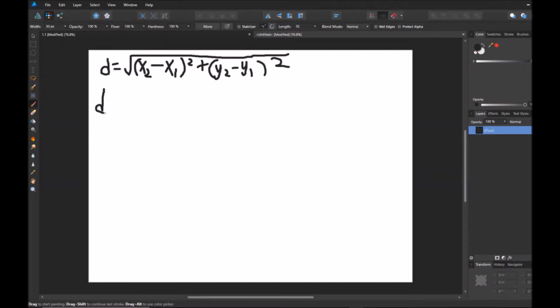So our x2 in this case would be 4, and our x1 would be 0. And our y2 in this case would be 5, because the point is 4, 5, and our y1 would be 2.